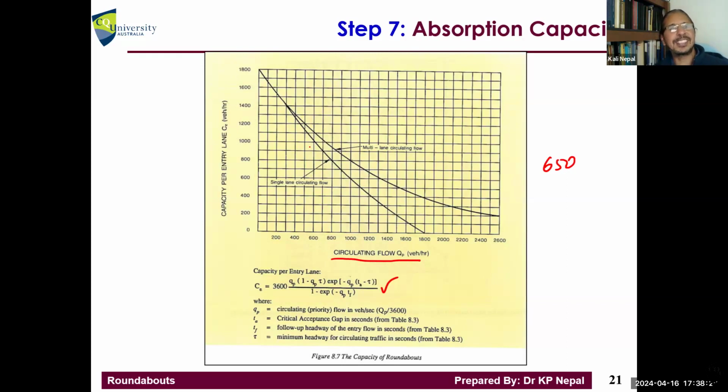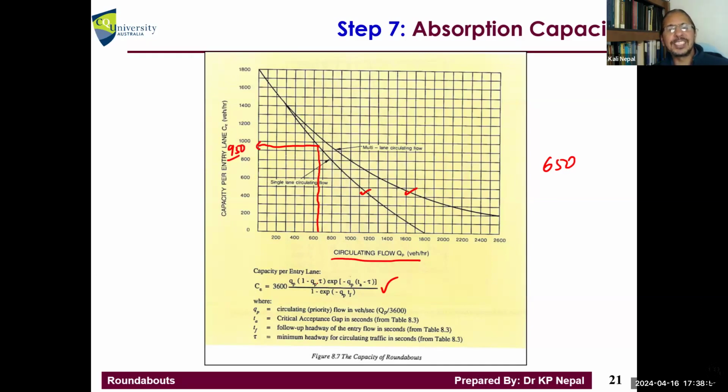But this figure also gives a similar answer. 650, where is that 650? Somewhere here. And I go up and I put the single lane roundabout. That line is single lane, that's multiple lane. So you just go there and read it. How much is that? Around 950, yeah.